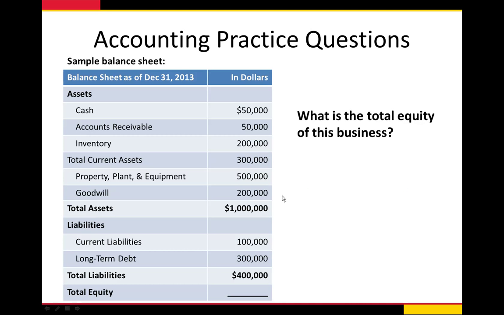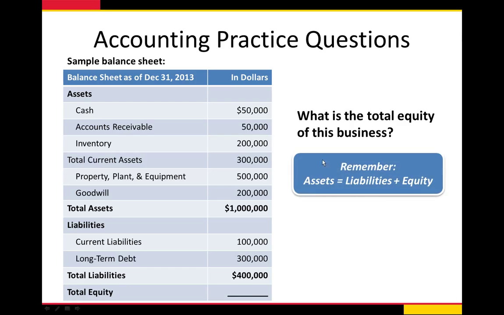Now if I give you a more solid balance sheet that has your assets, liabilities, and I leave a little space blank on equity, and I ask what is the total equity of this business? You've got to remember our accounting equation: assets equal liabilities plus equity, or rewritten, assets minus liabilities equal equity.